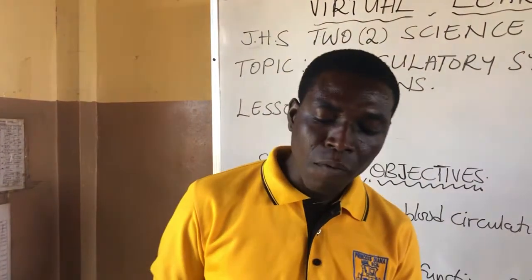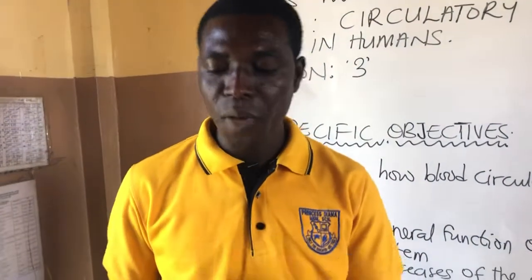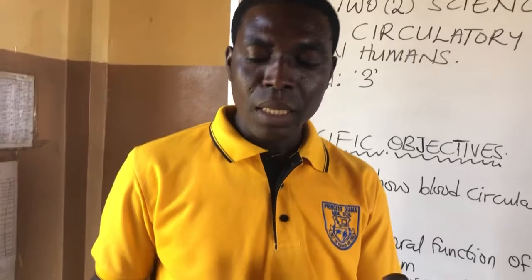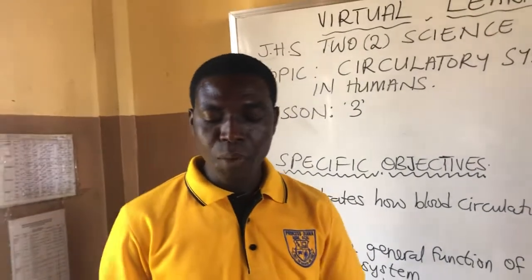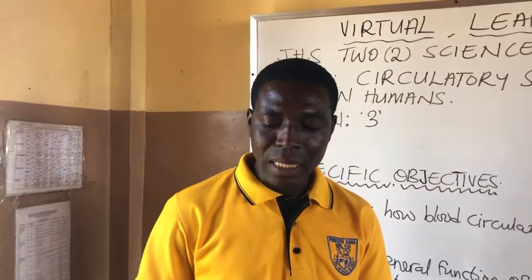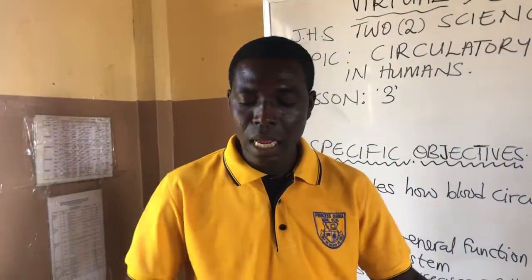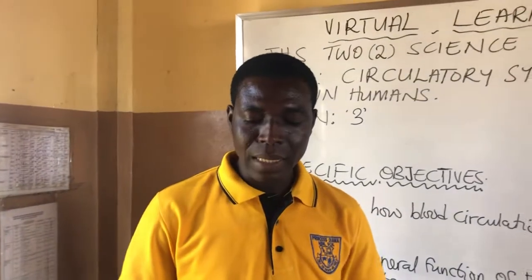And the second type of heartbeat is the diastolic phase, which is the resting period during which all the heart chambers relax. You breathe in and out, so when you breathe and it gets into the heart, all the parts relax, and that is the diastolic phase.